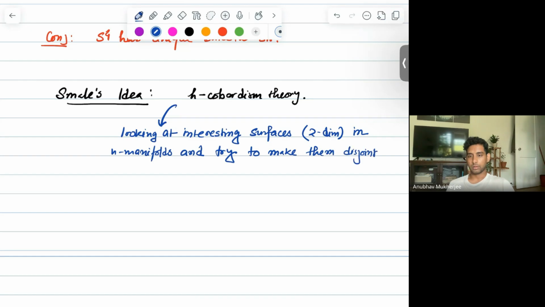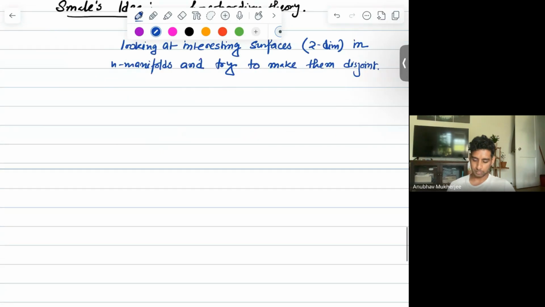Now you can ask why it only worked for dimension bigger than or equal to 5. What is so special about the number 5? Let's think for a moment again how this magical number 5 shows up. Let's think of an example, the first example that we did, a torus. In the torus, let's say we take two one-dimensional manifolds.